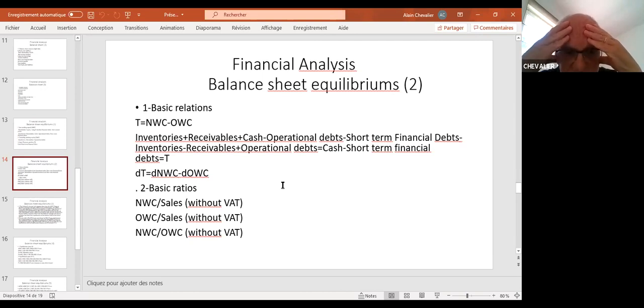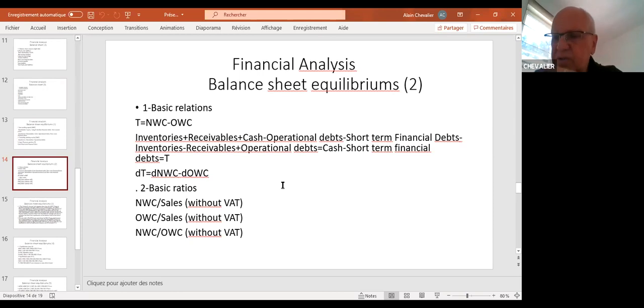If you have a 0 plus ratio here, that means that if you increase your production and your sales, the need for new financial resources is very limited and can be solved easily.